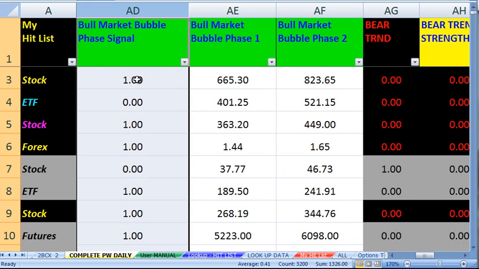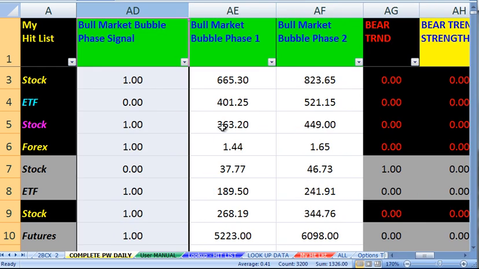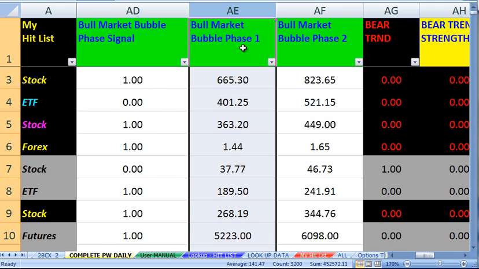If you see a 1 here, it's letting you know that the market is on track for heading first toward the 52-week high, the 12-month price target, and it is in the market position, all things being equal, of possibly entering into a bubble phase.